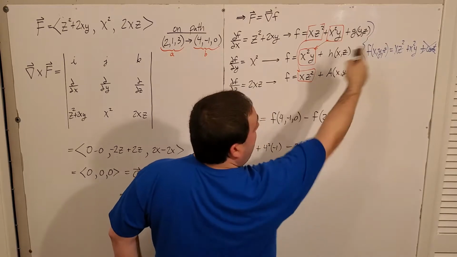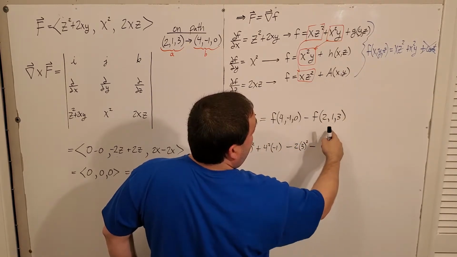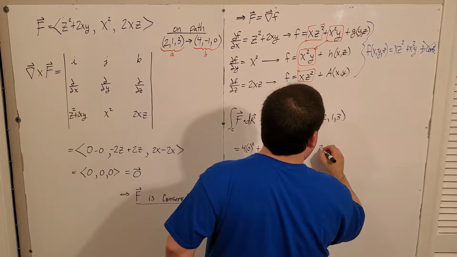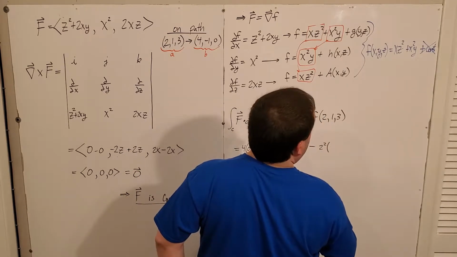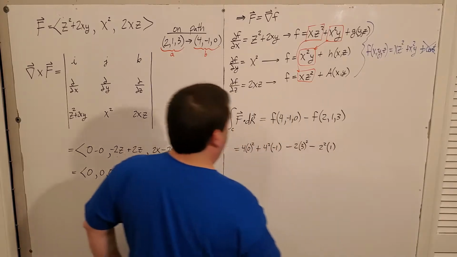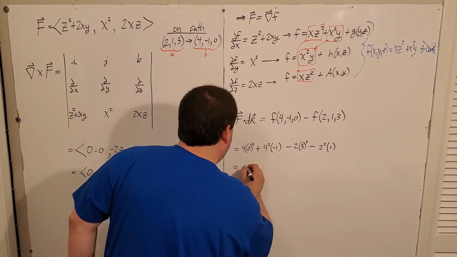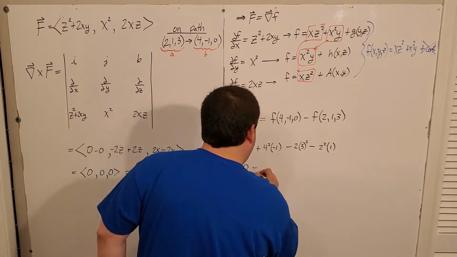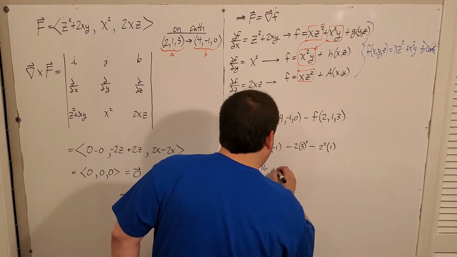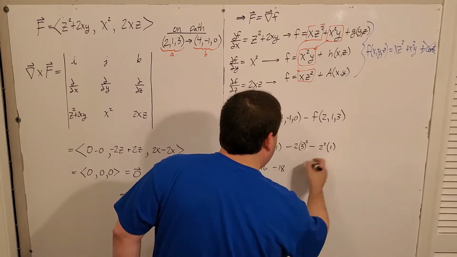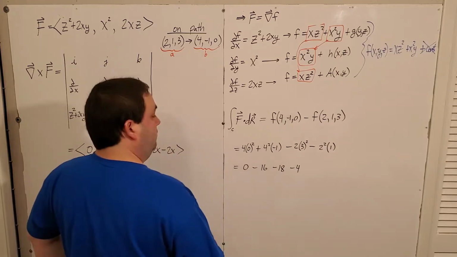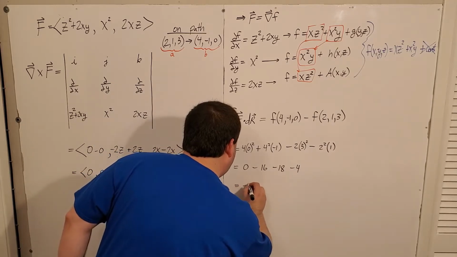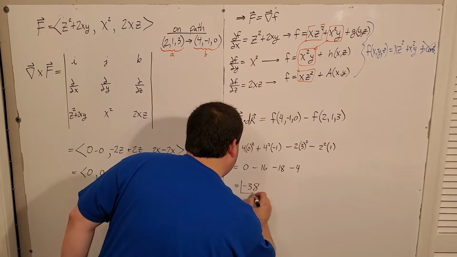And then again, minus because of the negative, right? X squared, so that's 2 squared times y, which is 1. So I have 0, minus 16, minus 18, and minus 4 for a grand total of negative 38.